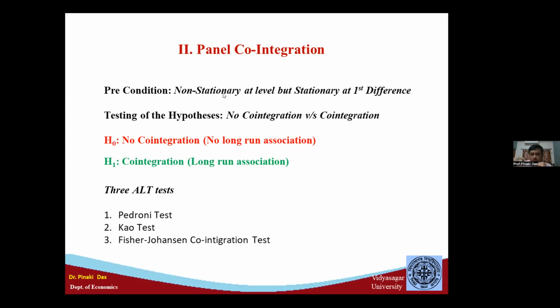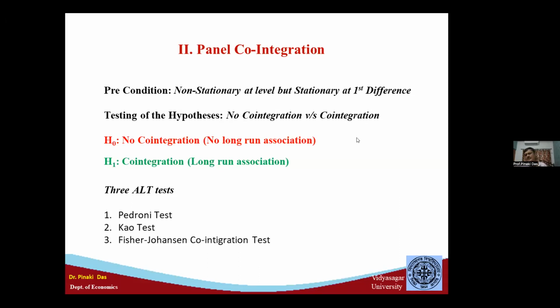Therefore, we are not able to find the long-run causality or association between these two variables, Gini and GDP. That is also another condition: the variables must be integrated at the same order. That is, both are stationary at the first difference, or both are stationary at the second difference. In 99% of cases, the variables are stationary at the first difference.